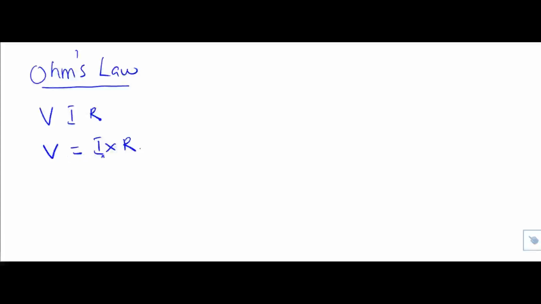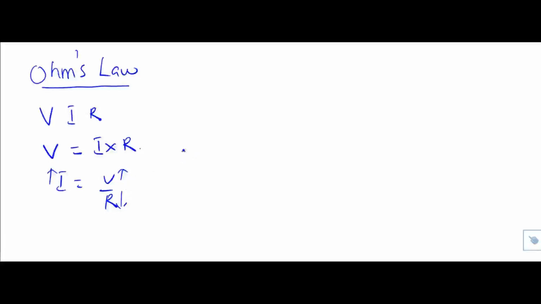So from this, you can see we can make some change of subject to know how the parameters vary with respect to each other. So as we have V is equal to IR, we can have I is equal to V over R, where as V increases, I increases, but R decreases.